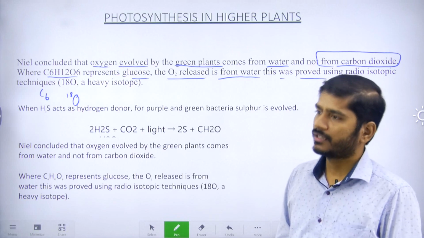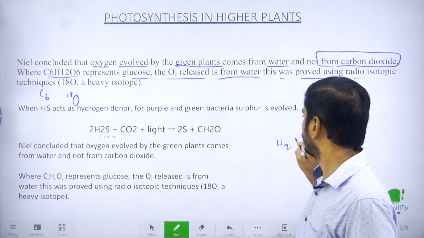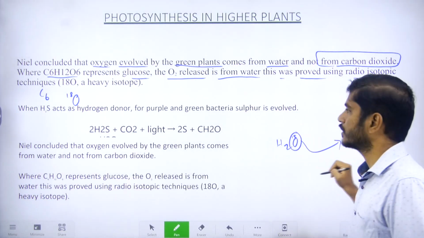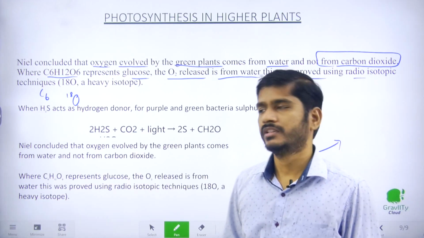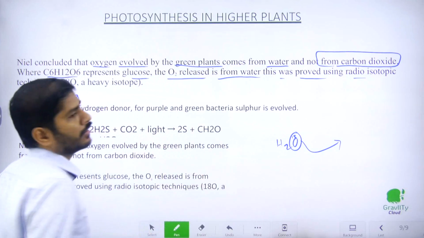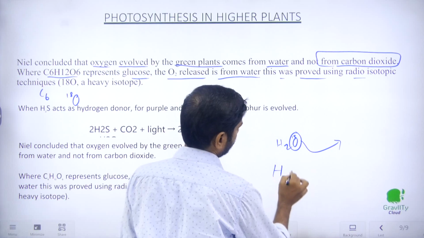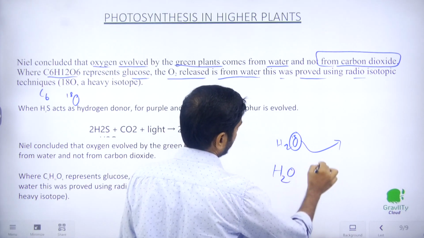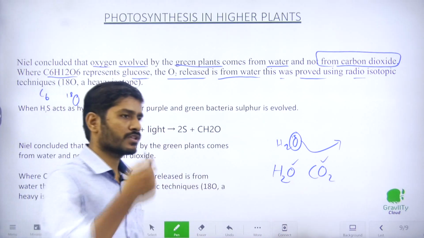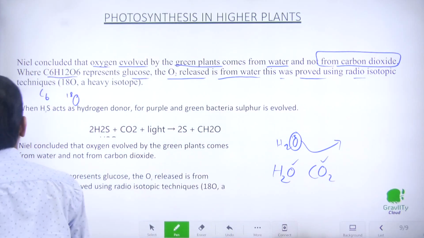Finally they found that when they used O18 in water, this is what was released, so they could conclude that the oxygen is from the water molecule and not from carbon dioxide. Both H2O and CO2 have oxygen in them, so there should not be any confusion, and this experiment removed that confusion.